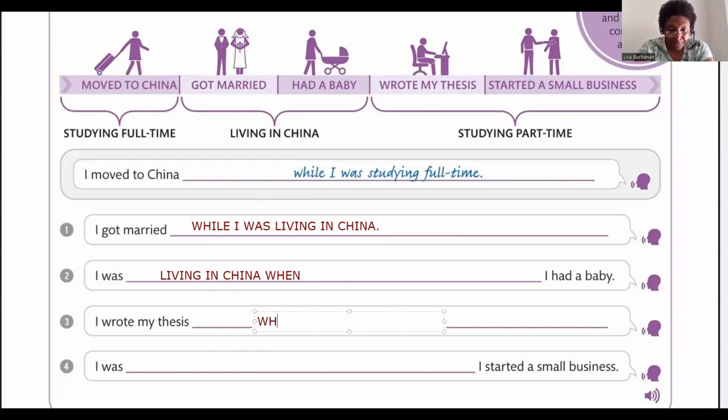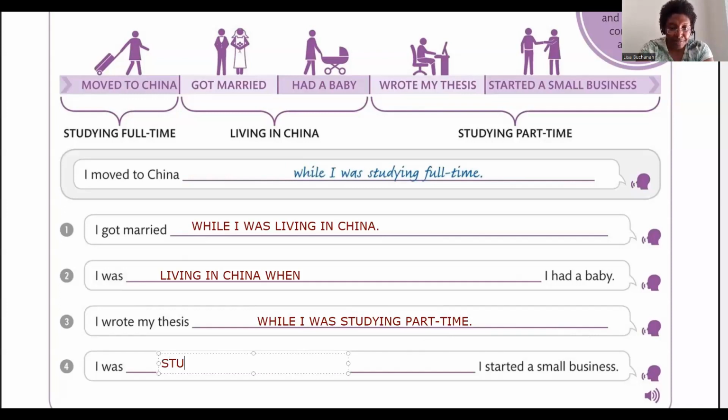Number 3, I wrote my thesis. Let's look at the timeline. While I was studying part-time. Okay, again, it's not a completed action, it's continuous. And our last one, I started a business. So we look at the end of that timeline, we see what's happening there.